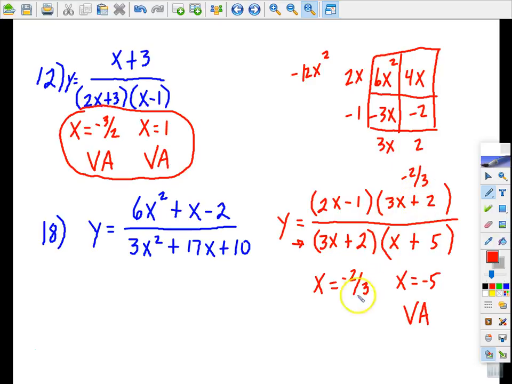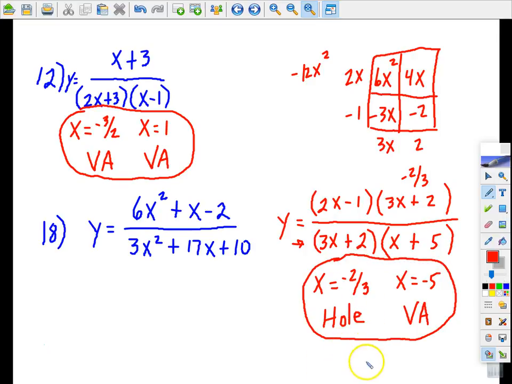Obviously it's the same. Don't know why I didn't see that before. Wasn't paying attention, so we have a hole here at negative 2/3 because that same number made both bottom and top become 0. All right, sorry about that, but that is your answer for number 18.